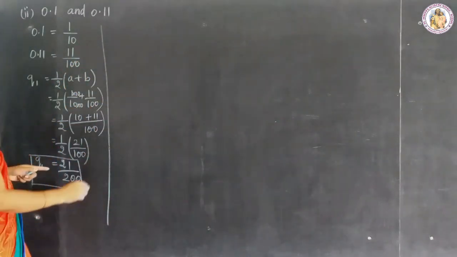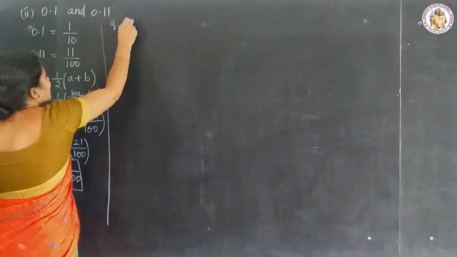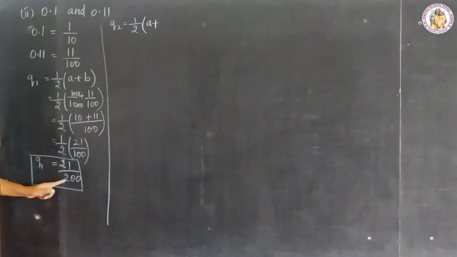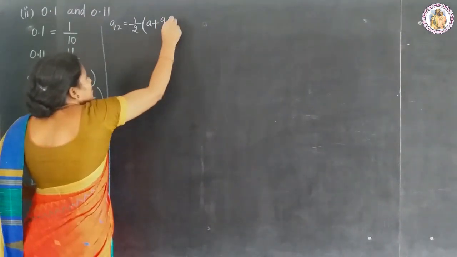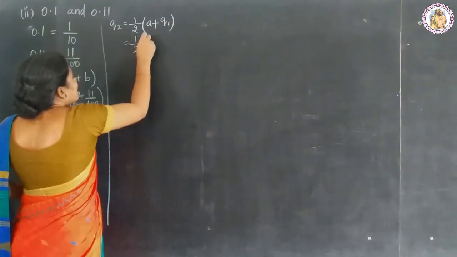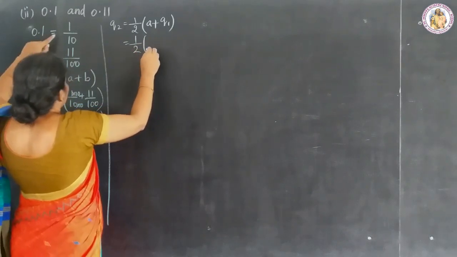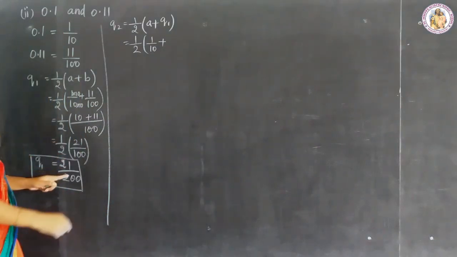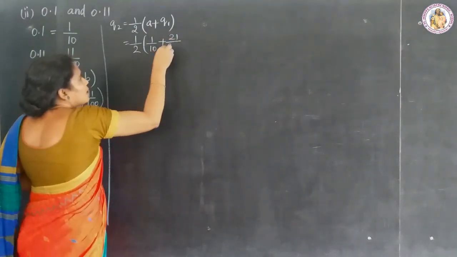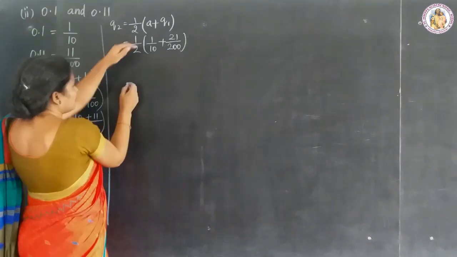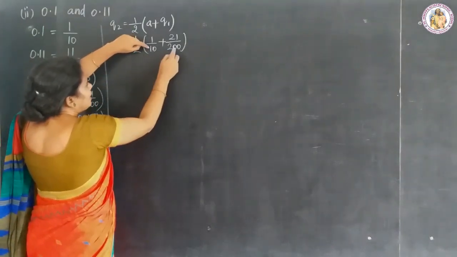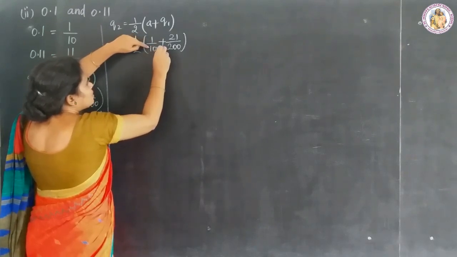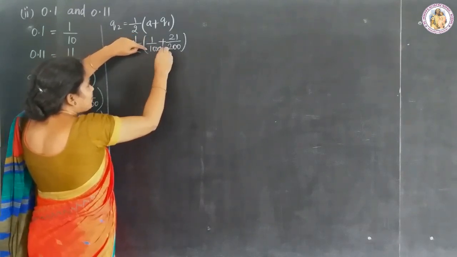Next, we have to find out Q2. To find Q2, 1 by 2 with A plus Q1. So 1 by 2 A, taking 1 by 10 plus Q1 is equal to 21 by 200. So here 10 into 200. So to make this also as 200 multiplied with 20.